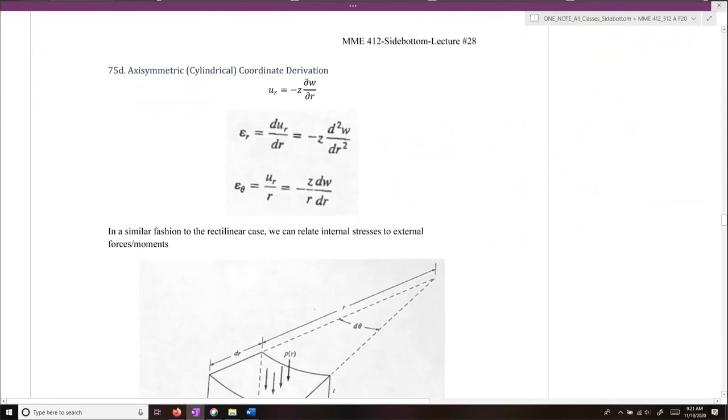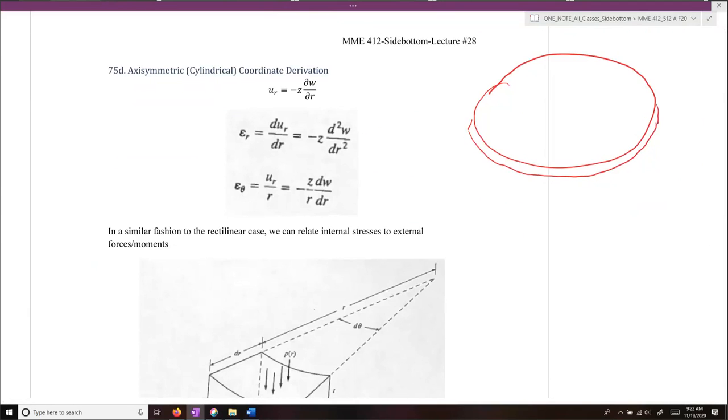Instead of having a rectangular plate, you have an axisymmetric or a cylindrical plate. So your plate would look something like this. All right, so we can follow the same process where we talk about the displacement along the radial direction.